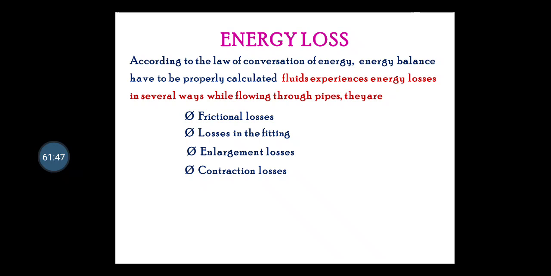I will repeat: delta HC is equal to K, capital K, into u squared upon 2gc. This is all about the energy losses, according to the law of conservation of energy.